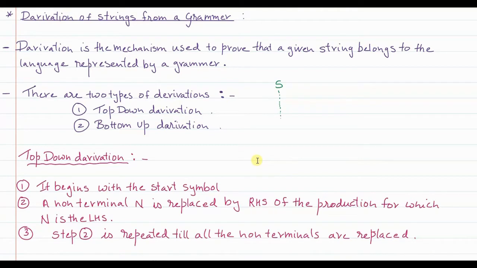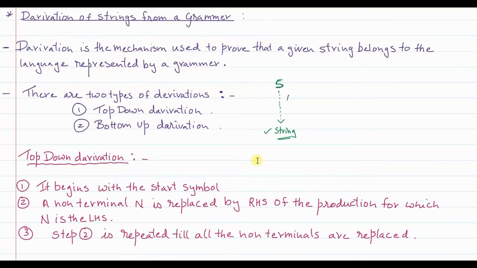If I am able to reach the original string which is given for us to examine, from the start symbol after doing the subsequent replacements, only then I say that the string is accepted.